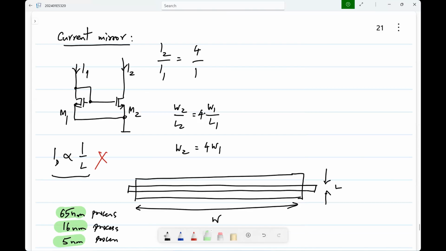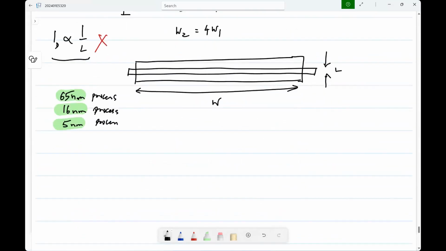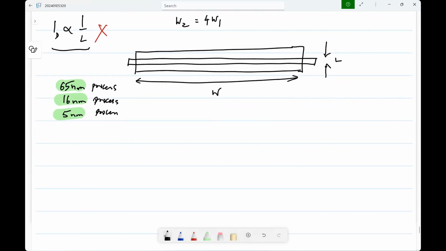So essentially, let's say M1 could have that W by L, and M2 will have 4 times. It's not a single MOS transistor of width 4 microns, but there will be 4 MOS transistors of 1 micron width. Okay. And the way they are laid out is also, you know that.